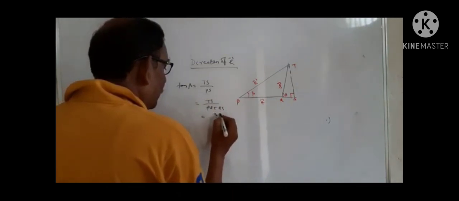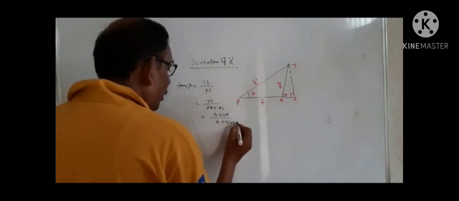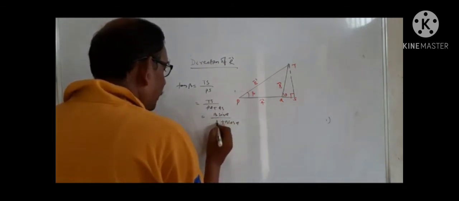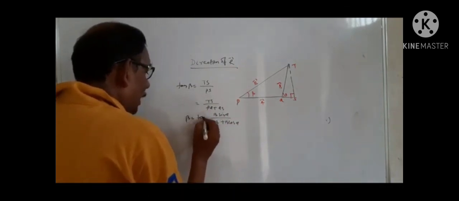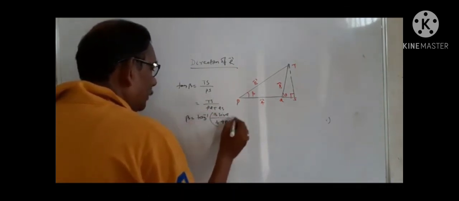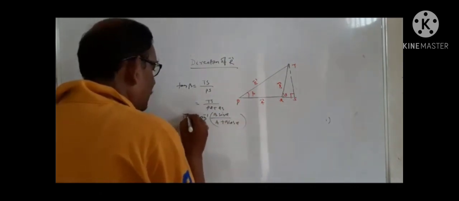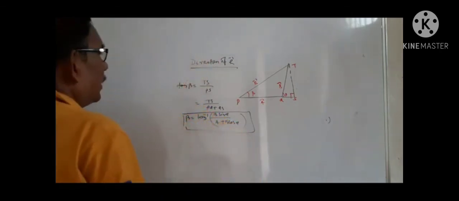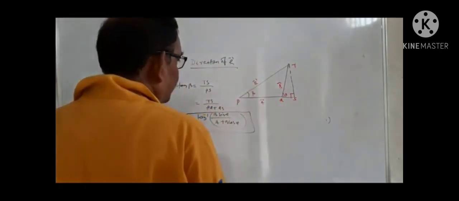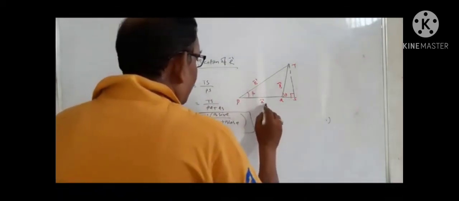ST is equal to B sin theta, and PS is A plus B cos theta. So beta is equal to tan inverse of B sin theta by A plus B cos theta. So in this way, determine the direction of R. It makes angle beta with the vector A.